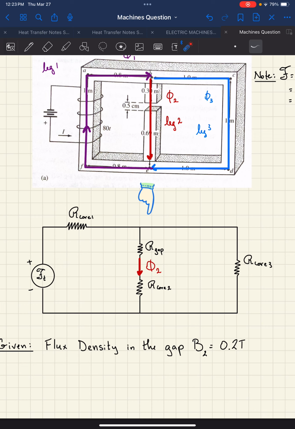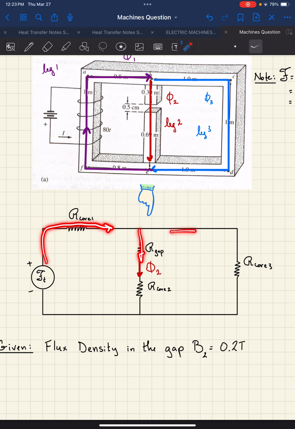Again, because they're different, you see the phi originates here, but then it splits up into two paths and recombines over here. So it follows the movement of the flux in the circuit. This becomes flux phi 3, and the previous one was flux phi 1.